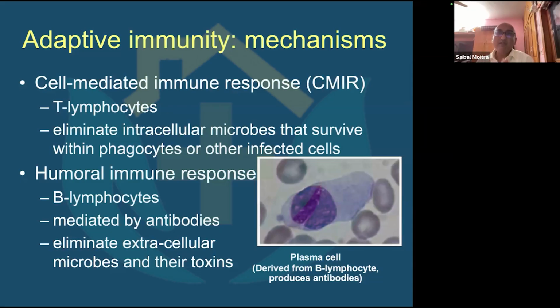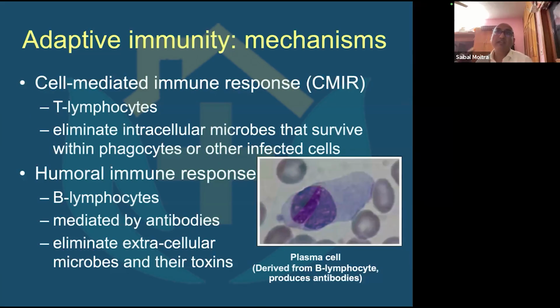But apart from this common pathway, there are three separate pathways which lead to the cleavage of C3. It could be because of the antigen-antibody reaction, which is known as the classical pathway, where IgM is important in activation of the classical pathway.